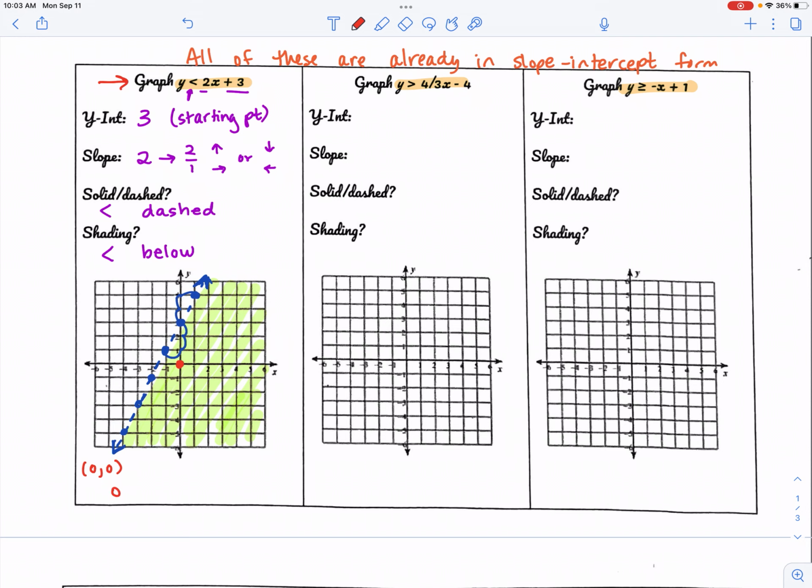So this says that 0 is less than 2 times 0 plus 3. If I solve this, 2 times 0 is 0, plus 3 is 3. Is this a true statement? 0 less than 3? Yes, that is true, which means I've shaded in the correct direction. Any point on that shaded region is going to make my inequality true.